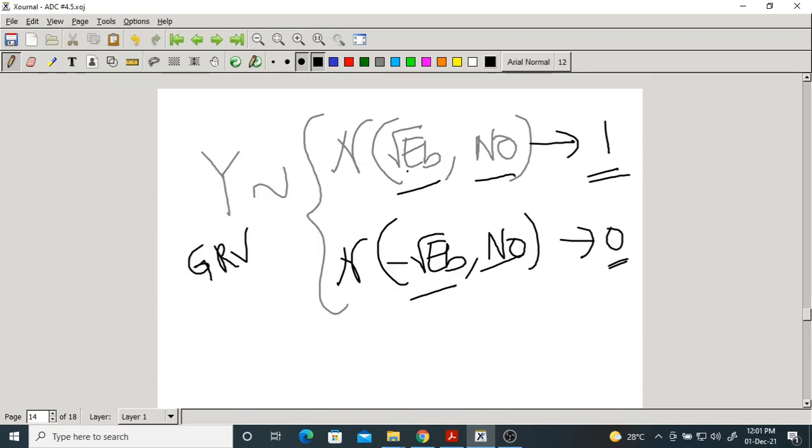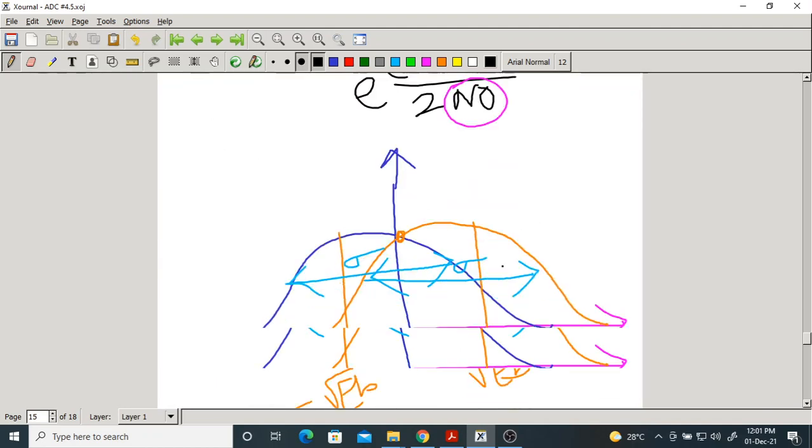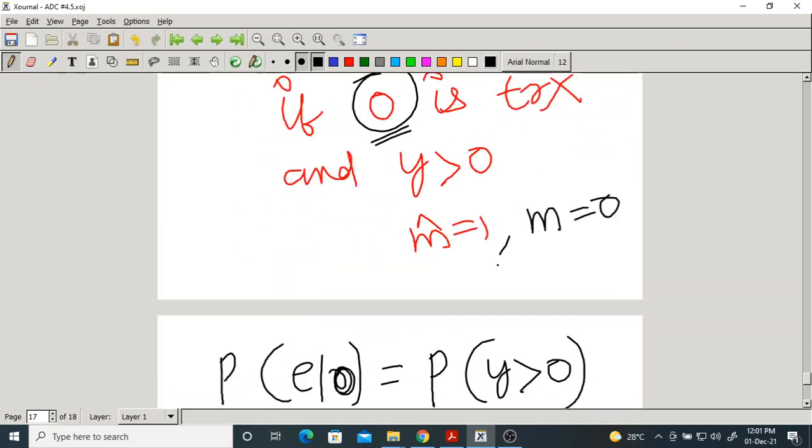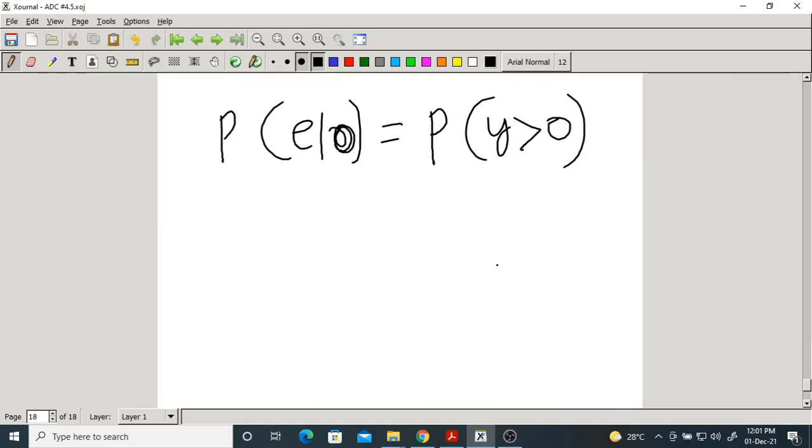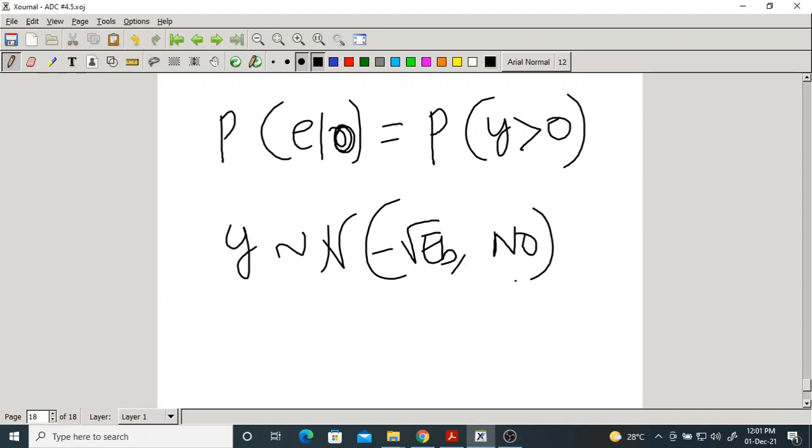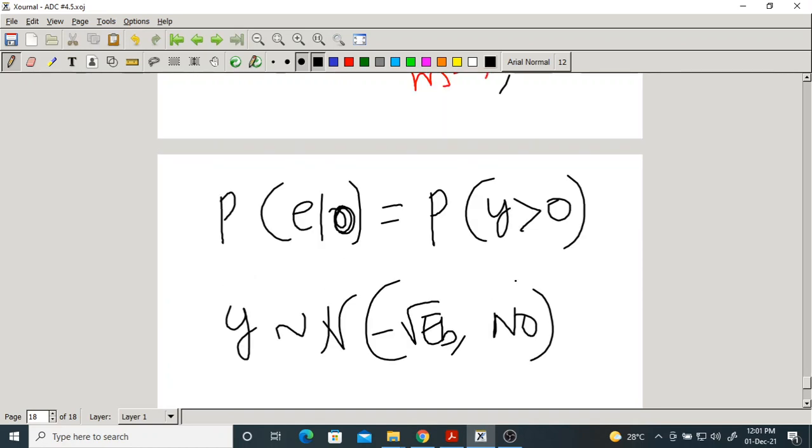It is a Gaussian random variable with mean minus root Eb and variance N naught.